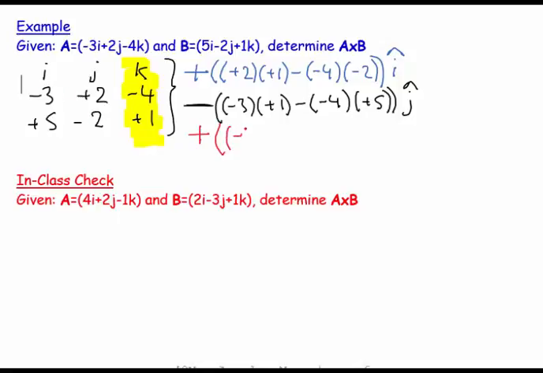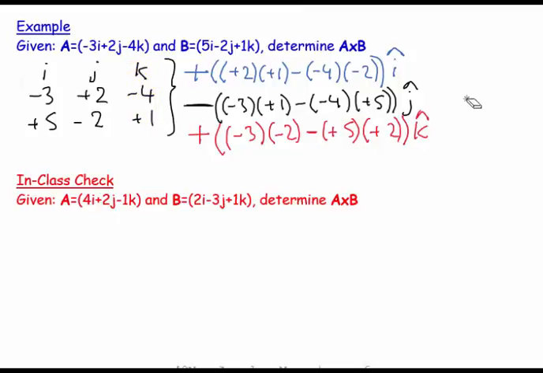Now I have minus 3 times minus 2, subtract, plus 5 times plus 2. This would be K. And let me double check that again. So it's minus 3 and minus 2. And plus 5 and plus 2. I subtracted them and I put a positive in front. Good. So that looks reasonable.